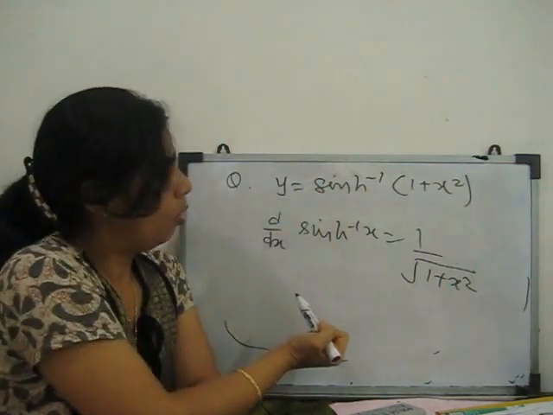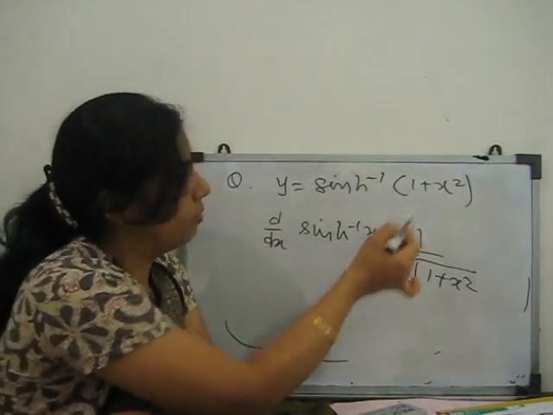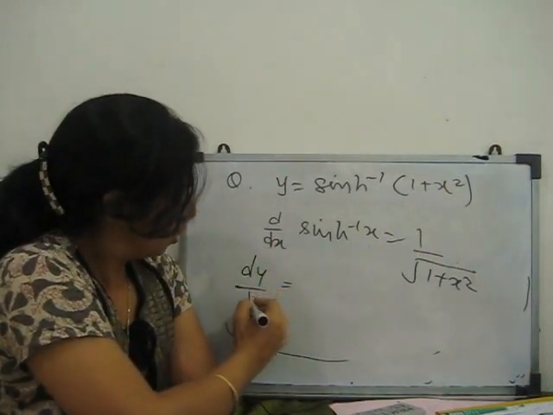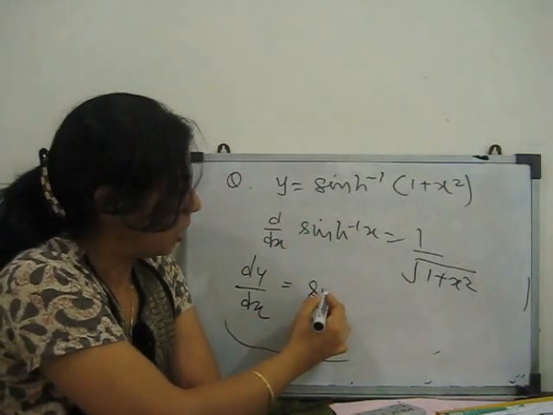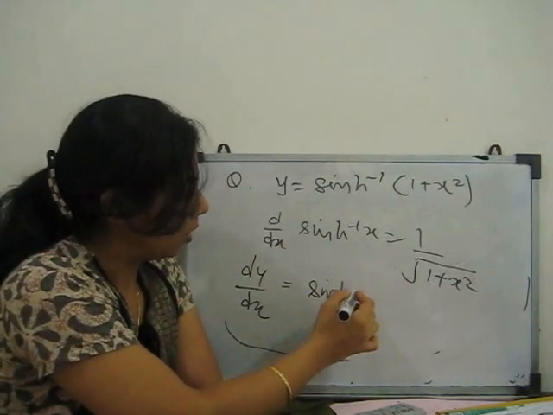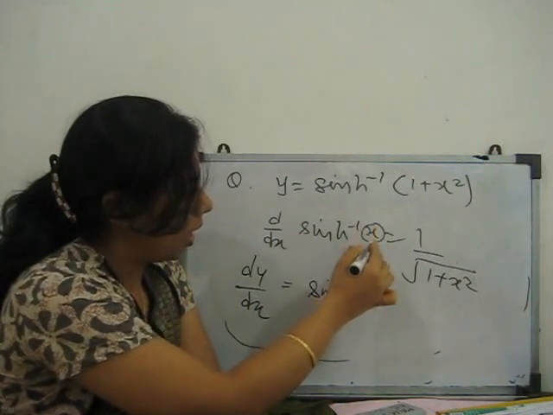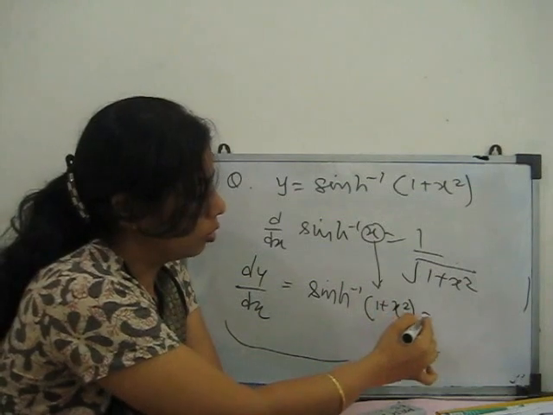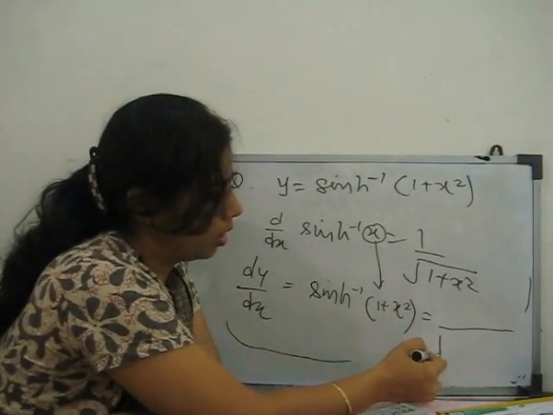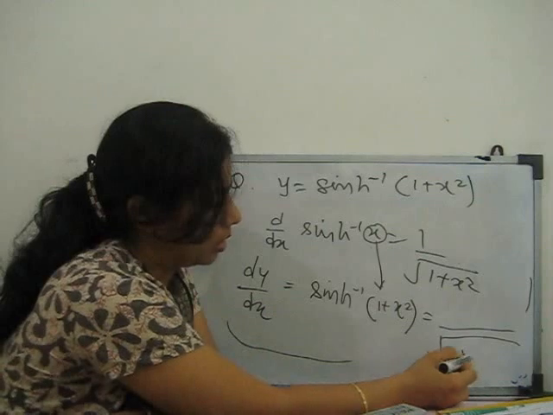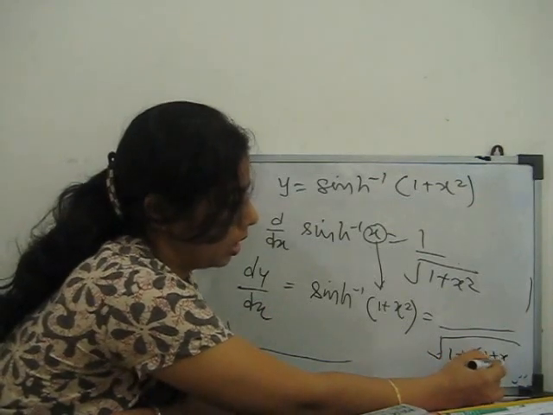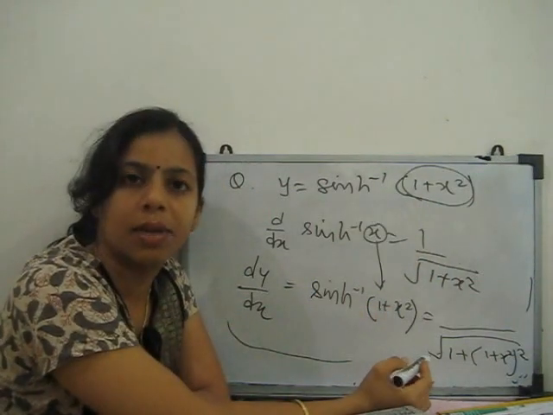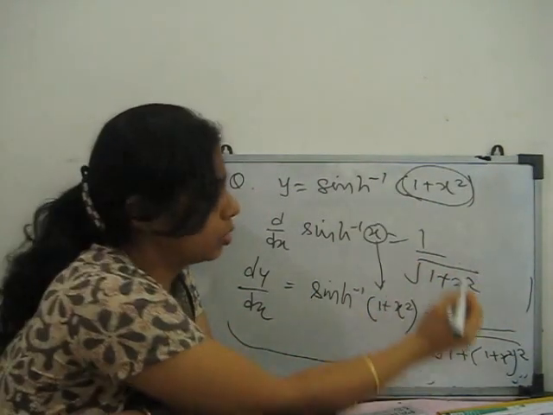So now at the place of x we have this function. Our given function is 1 plus x square, so we can write 1 upon under root of 1 plus (1 plus x square) whole square, and the derivative of 1 plus x square is 2x.